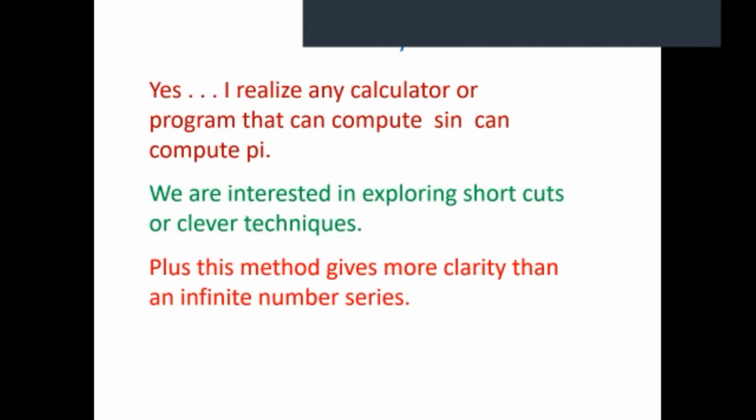And this one was finding a method for pi that involves 3 calculations and is definitely done in 2 lines of code. So this method also gives more clarity and it lets us get an insight into the transcendental functions. And it's, I think, much more intuitive than you see with a number series.